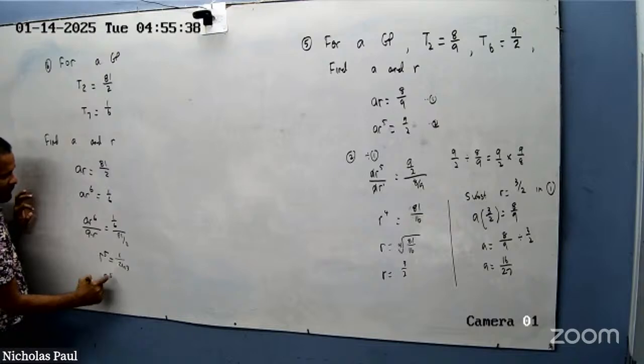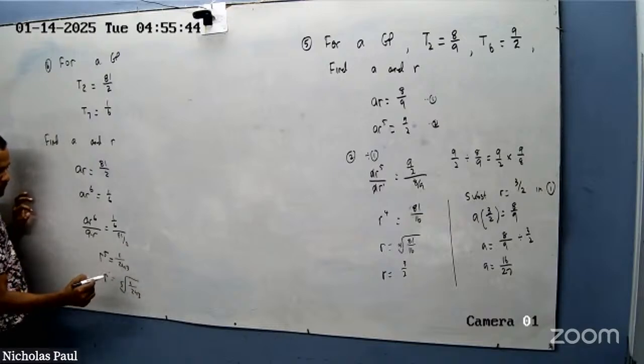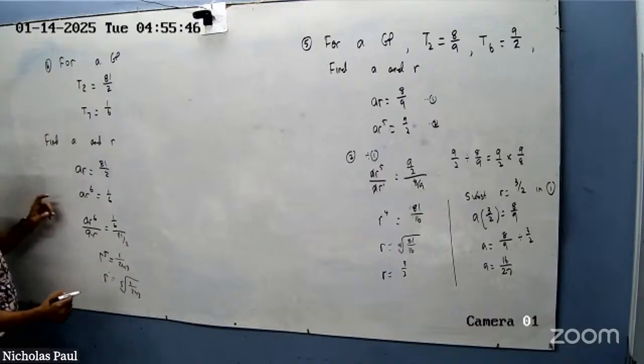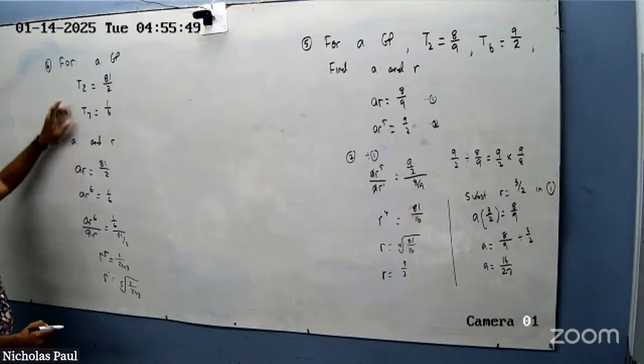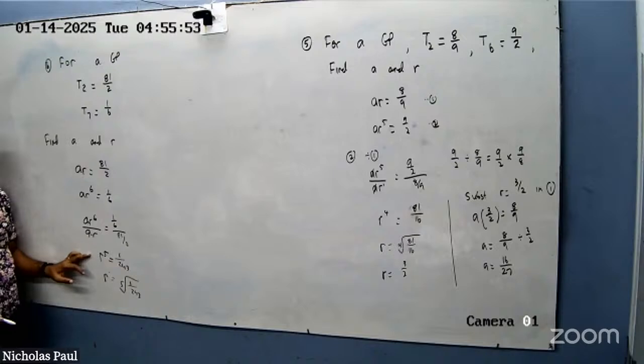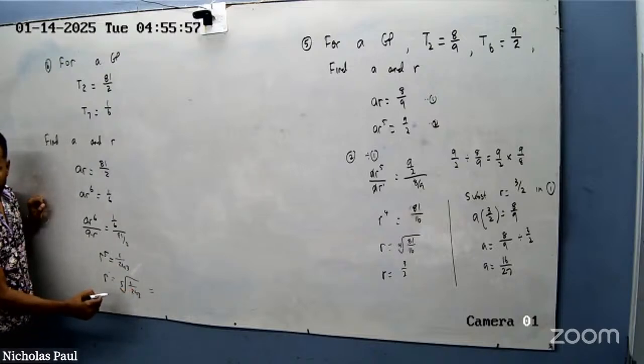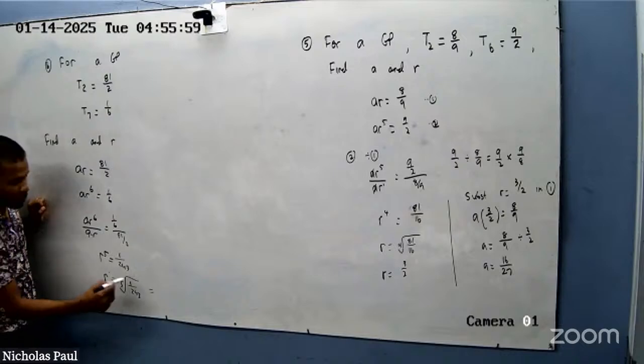And then you will get the fifth root of 1 over 243. Huh, did I make a mistake? AR to the 6 over AR is R to the 5. So what's the fifth root? 1 over 3.